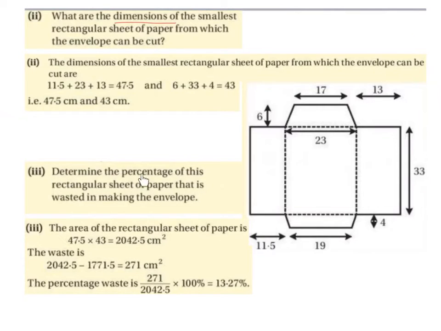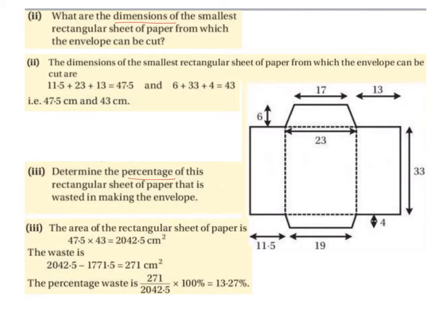Part 3. Determine the percentage of this rectangular sheet of paper that is wasted in making the envelope. So the area of the rectangular sheet of paper that we can use to make the envelope is going to be 47.5 multiplied by 43, and 47.5 multiplied by 43 is 2042.5 centimetres squared.